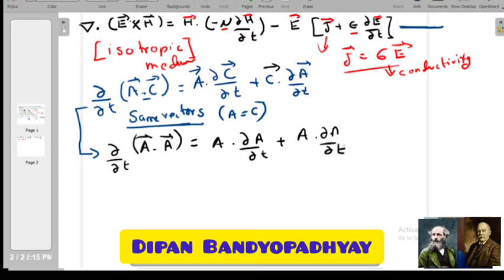I have replaced C with A. So basically these two terms are the same. If these two terms are the same, we have 2A dot del A del t. Okay, so this we can write.